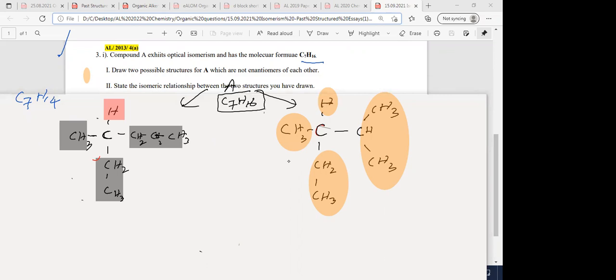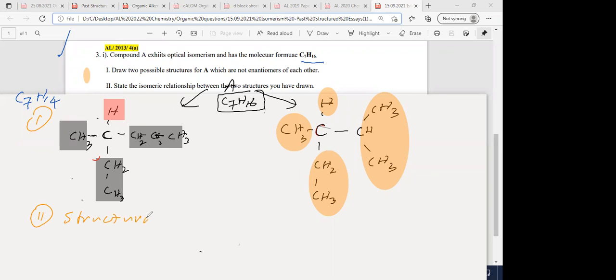Due to the changing of the carbon chain, no? Or the arrangement. Not due to the geometry, not due to cis-trans, not due to optical. They are both optical, but how do they differ? By changing what did we get these as two different isomers? By changing the structure. So they are called what? Part 1 this is the answer, part 2 the answer will be they are structural isomers.